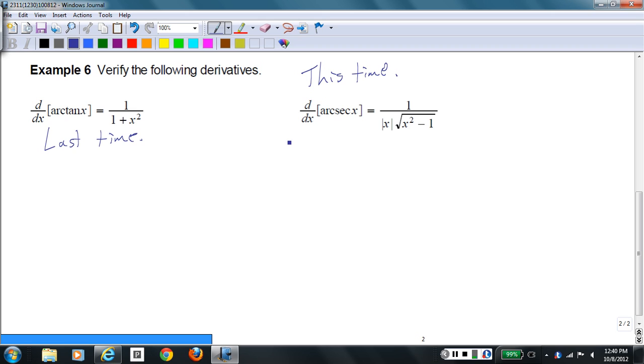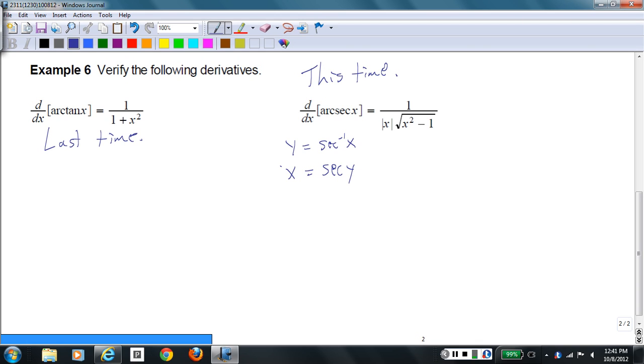What we have is y equals secant to the negative 1 of x, so inverse secant of x. And what we can also say is x equals secant of y. And we'll proceed kind of like what we did.